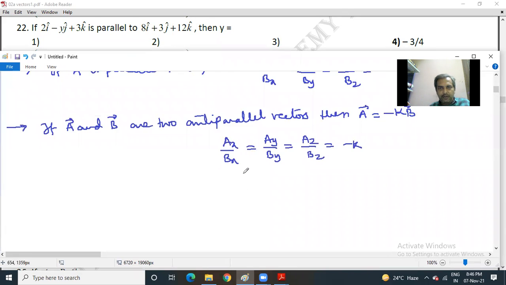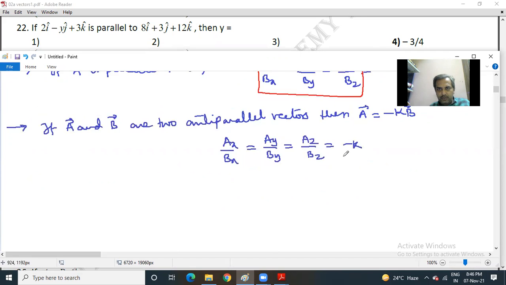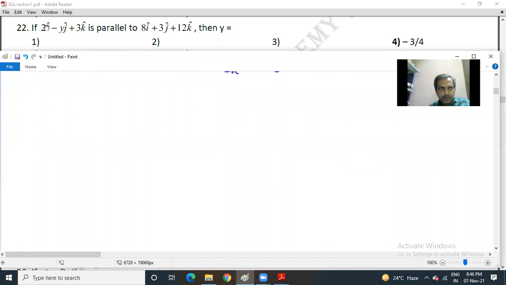So this is the formula we are going to use: AX by BX. So what is AX? First you write down A is equal to 2i cap minus yj cap plus 3k cap. We are going to find out y. The second vector is 8i cap plus 3j cap plus 12k cap.